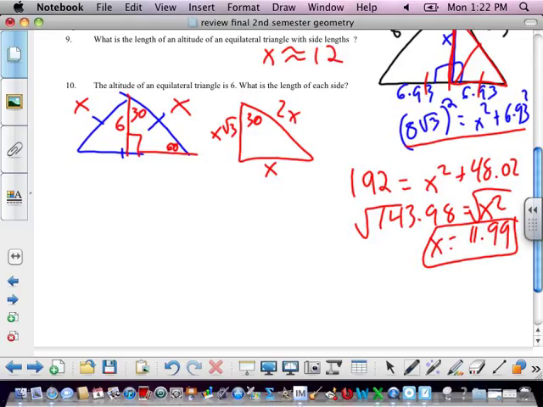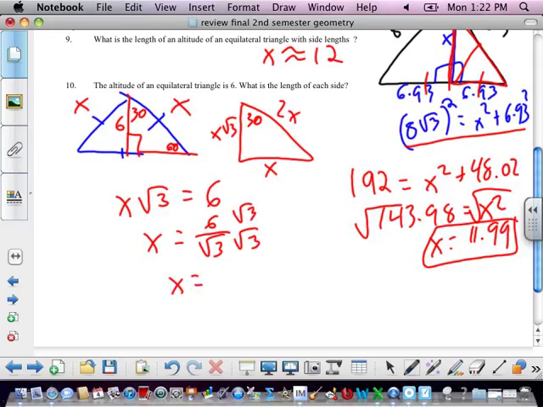So we want to find out what 2x is. So we've got x square root 3 equal to 6, so we've got x equals 6 over the square root of 3. We're going to multiply the top and bottom by the square root of 3 because we can't have a square root on the bottom. So we get 6 square root 3 over 3, or 2 square root 3. That's the small side. We times it by 2 and we get 4 square root 3.